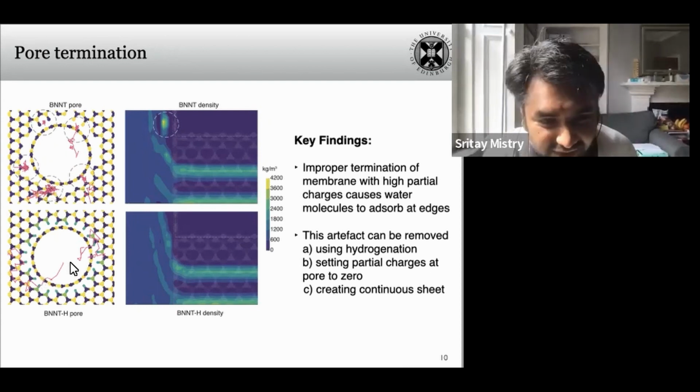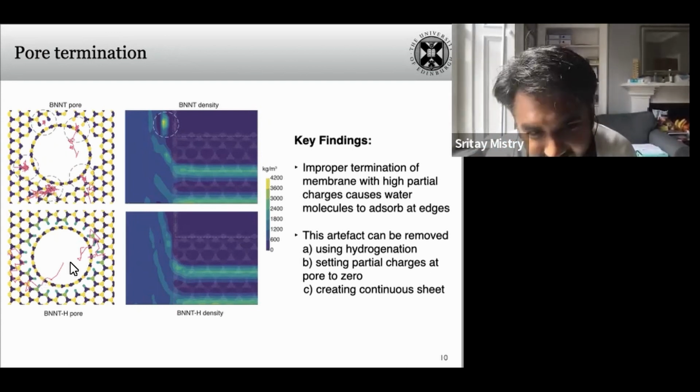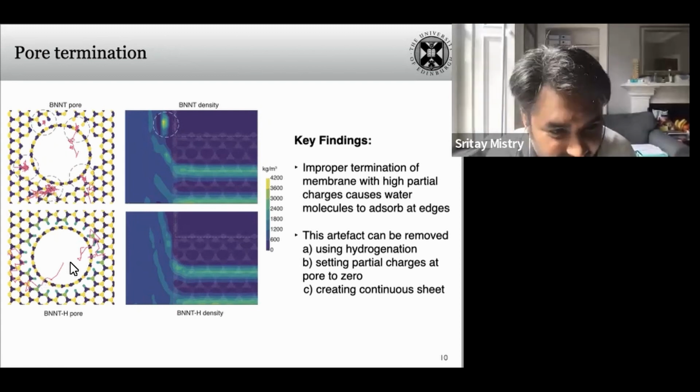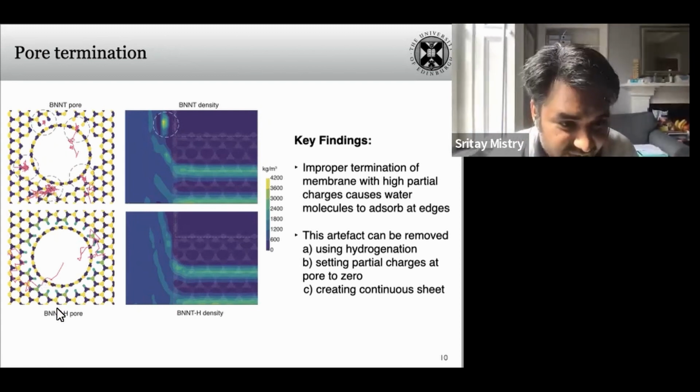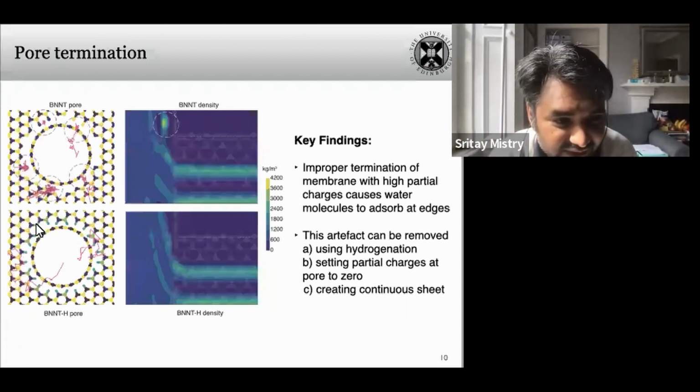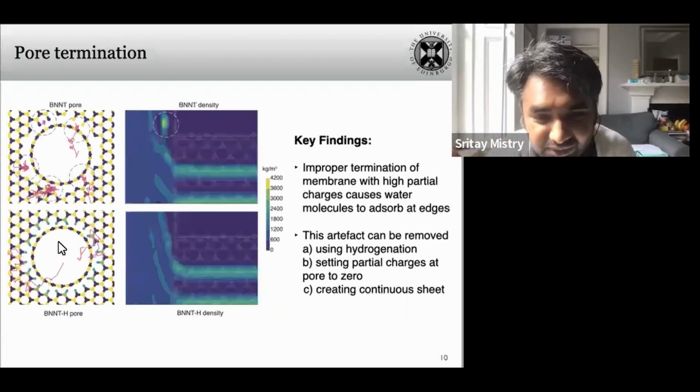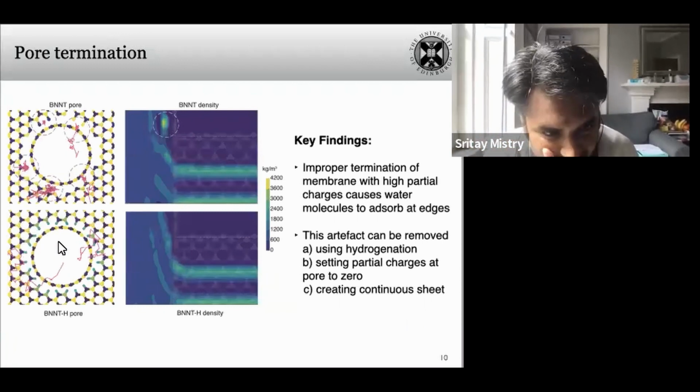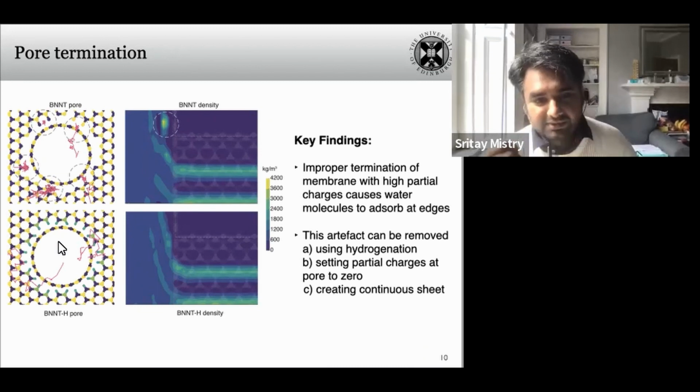So this is an artifact which arises only because of MD and the way things are set up in MD. Using hydrogenation, setting partial charges to 0 around the pore, or creating a continuous sheet as it is expected. In a real experimental setup, we expect the sheet to actually be continuous, and this thing might disappear. Okay, right.